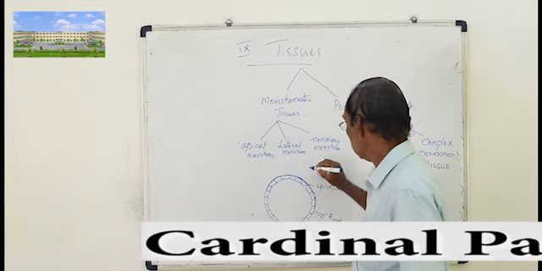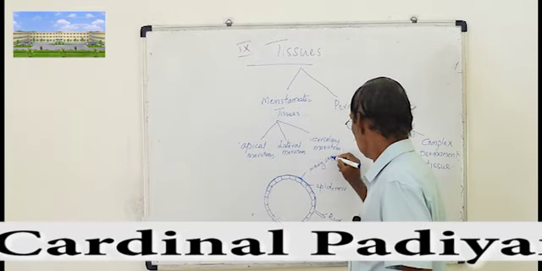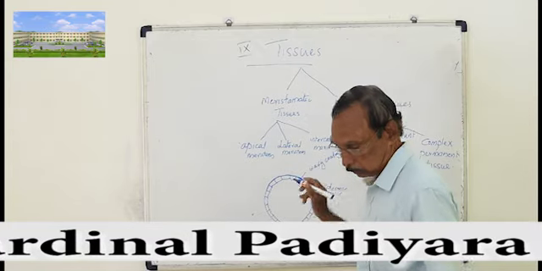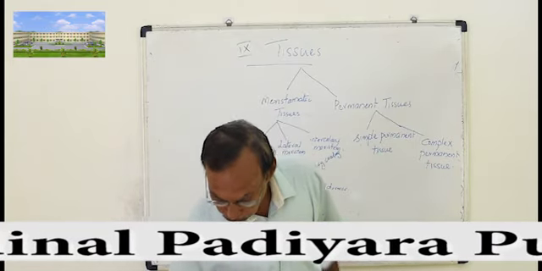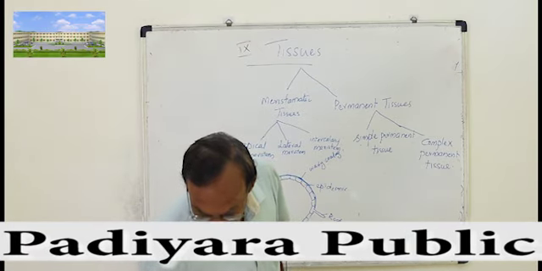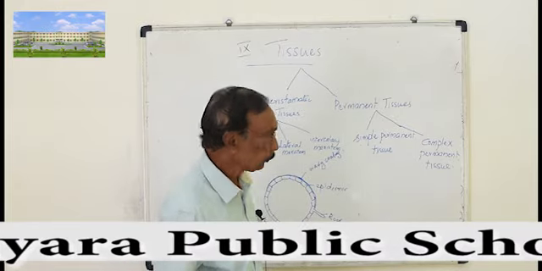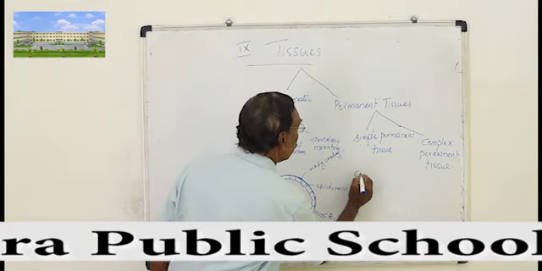This waxy covering, or waxy coating, is made up of a substance called cutin.